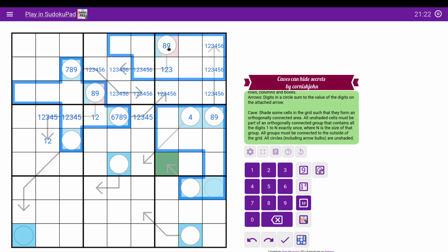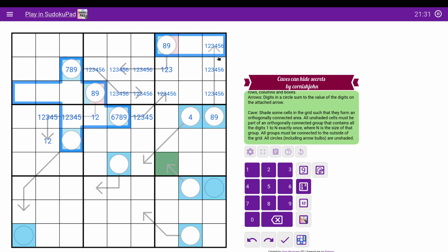If this is a 9, it must be this full shape, or it connects, which would make this an 8, which would make these 1s.